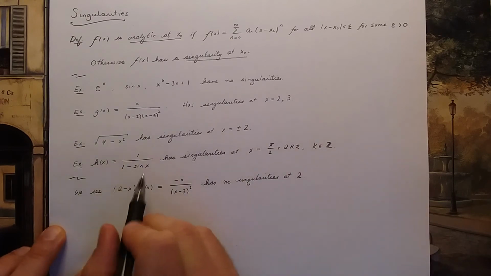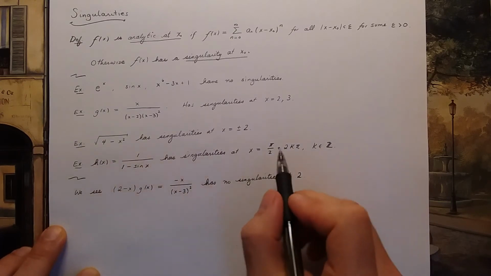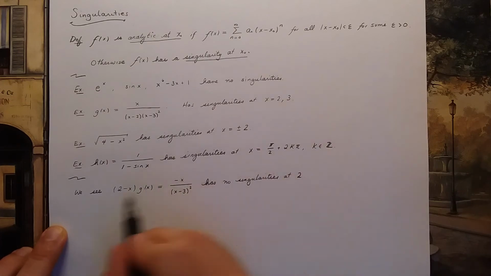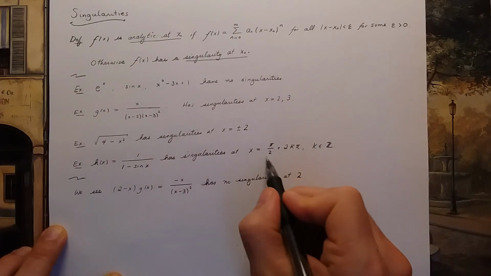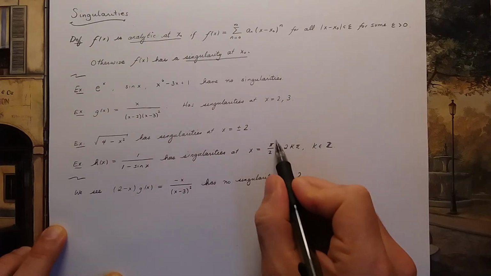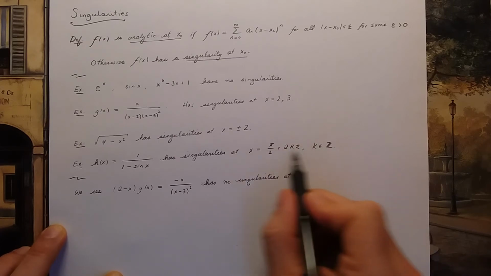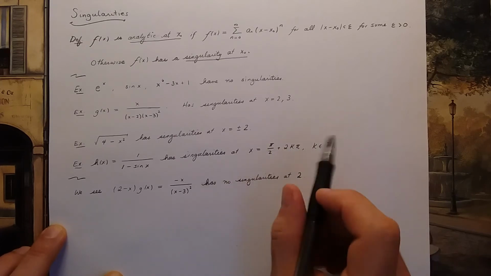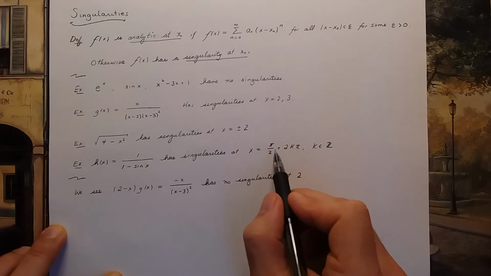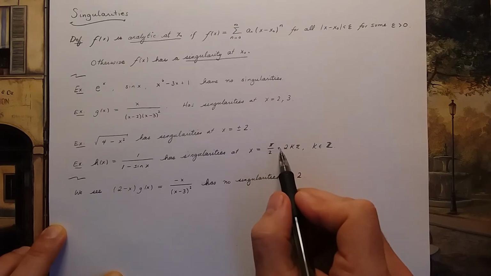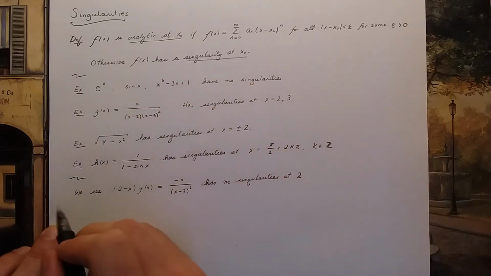Okay, one final example. What about this h? Can I multiply by something to remove the singularity at pi over 2? If you look at this list of singularities, the one that's closest to 0 is pi over 2. Can I get rid of that one?